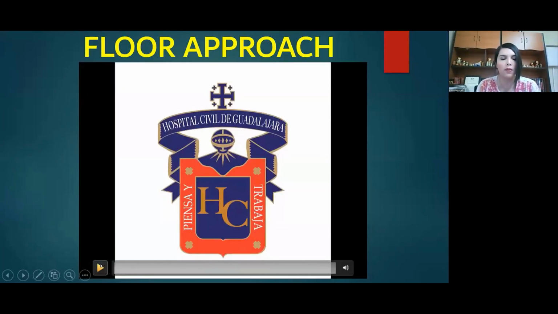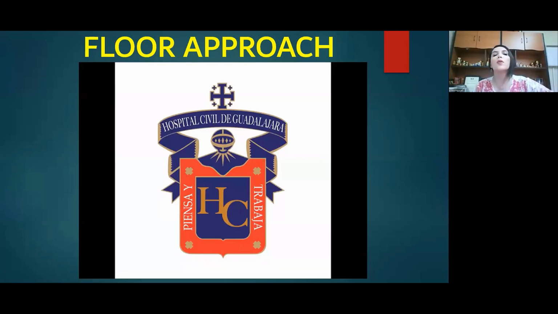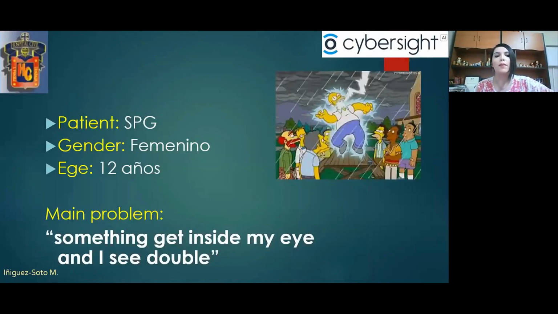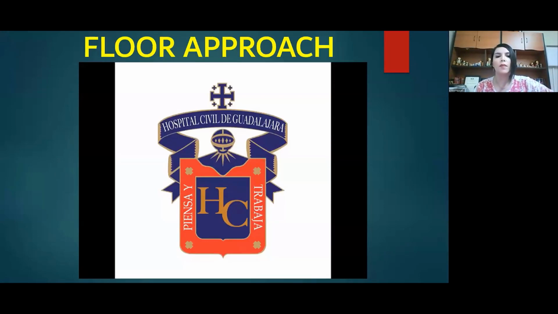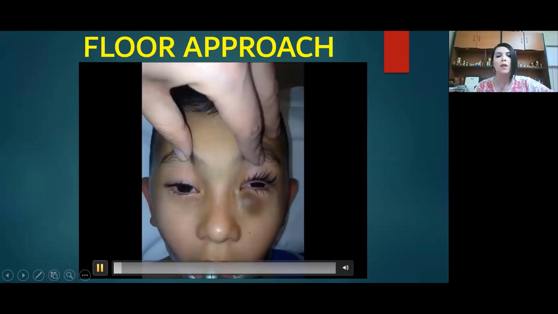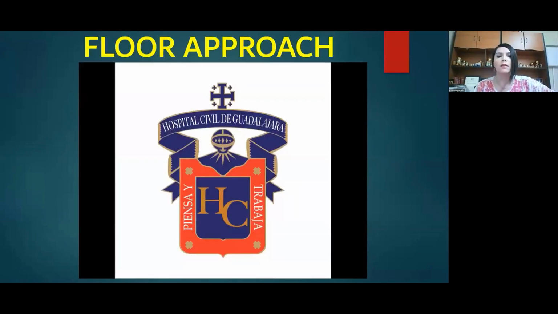Here we have another type of approach, for the floor: transconjunctival. Here we have a little 5-year-old boy with a tumor of 2 years, so the tumor began at 3 years old.